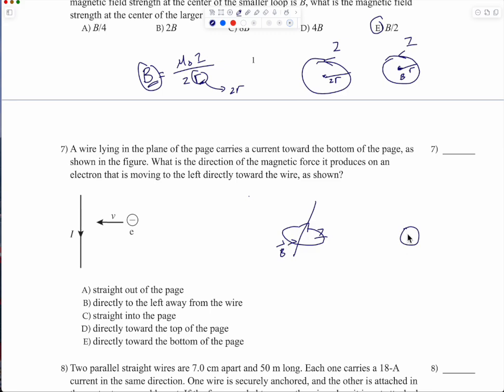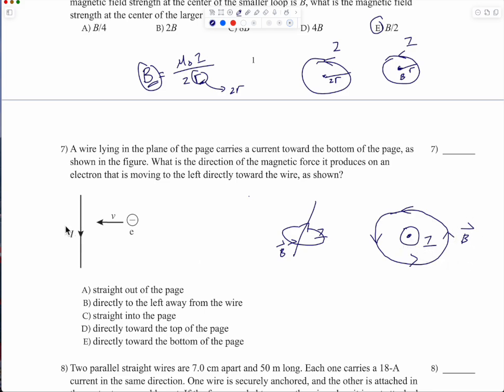For example, if the current is coming out of the page, point your thumb out of the page, and the field curls around. The magnetic field is always perpendicular to the current.